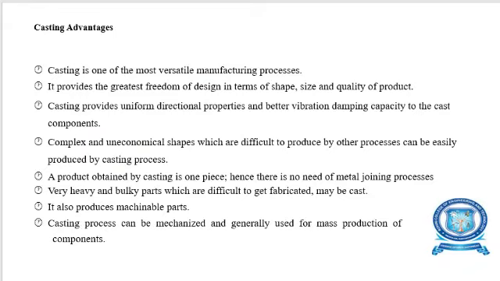A product obtained by casting is one piece, hence there is no need for a metal joining process. Very heavy and bulky products which are difficult to fabricate may be cast. It also produces reasonable parts. Castings can be machined and are generally used for mass production of components.